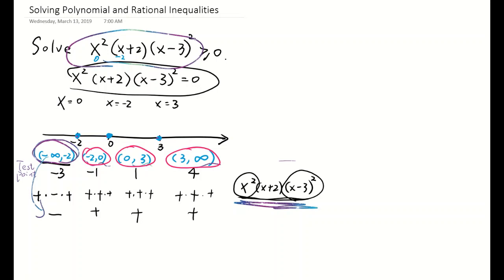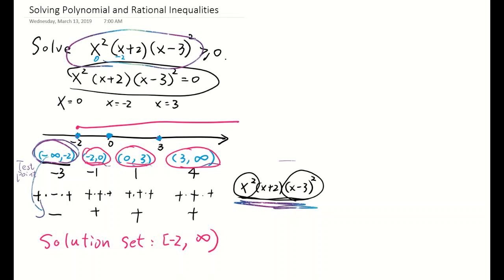Because negative 2 is included, 0 is included, 3 is included, and all these intervals are included. Your solution set is from negative 2 all the way to infinity, because you're including this interval, this interval, this interval, and these 3 points.